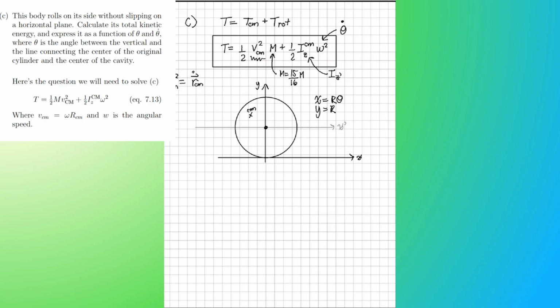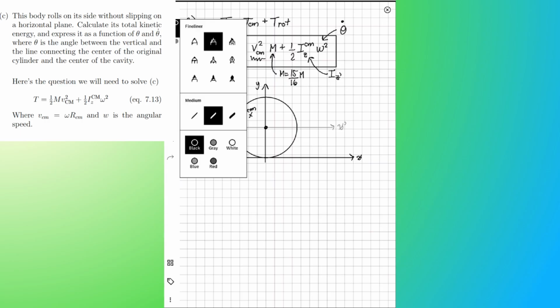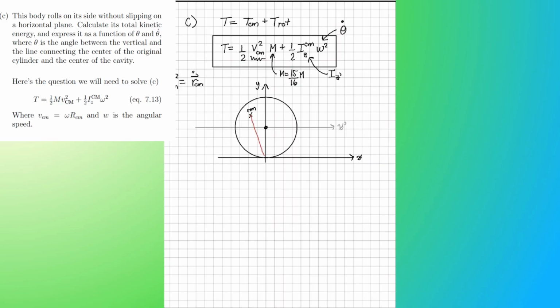But in our case, it's different because the center of mass will move something like this, right? So we need to find this vector at all thetas.